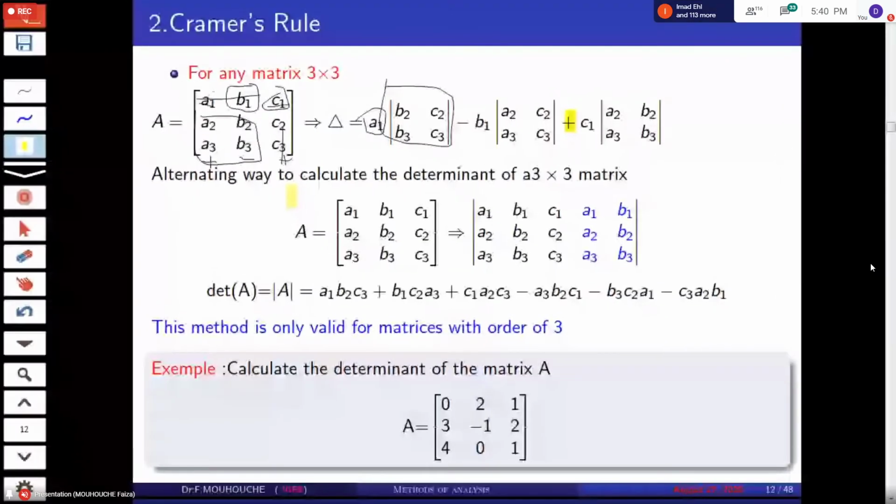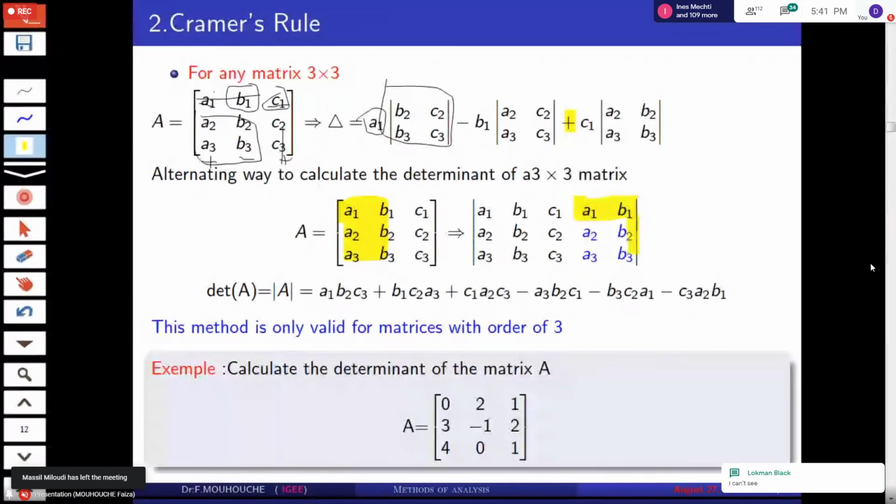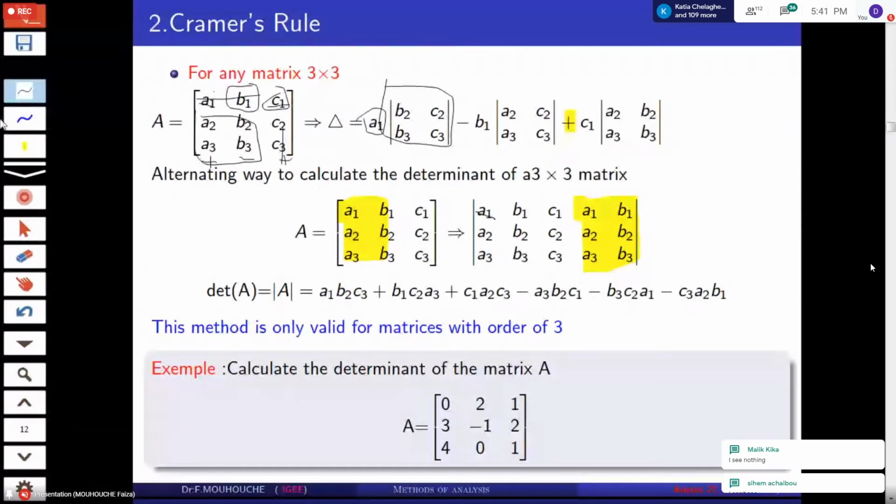In this method, take the first two columns of the matrix and add them here, as shown in blue color, and draw diagonal lines from the top to the bottom.